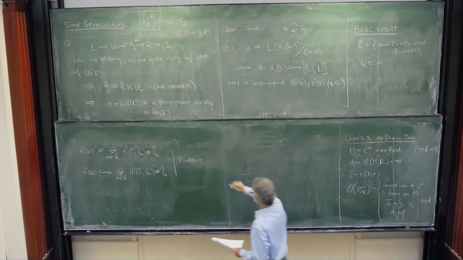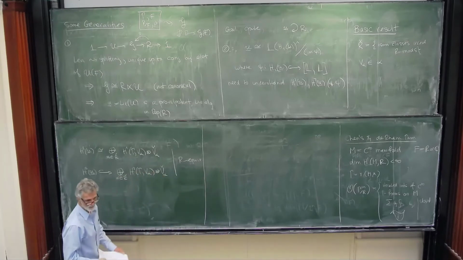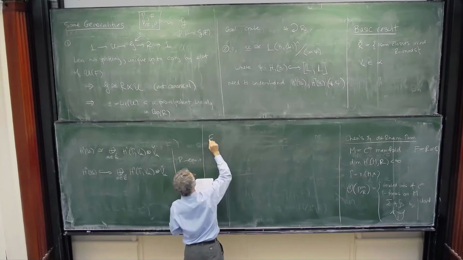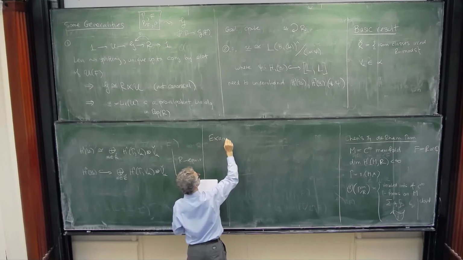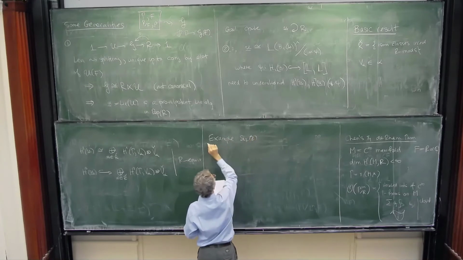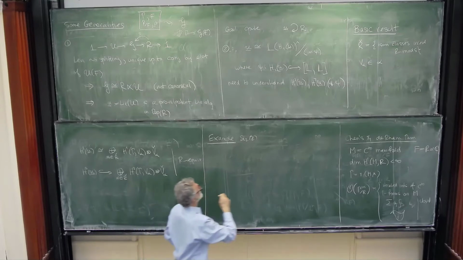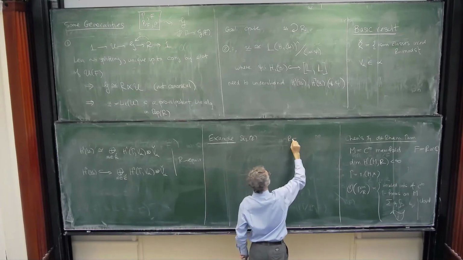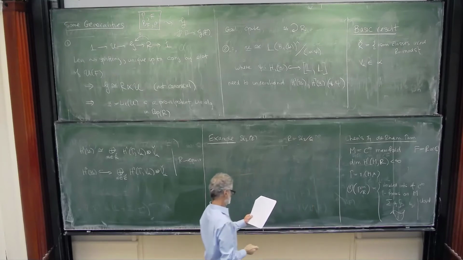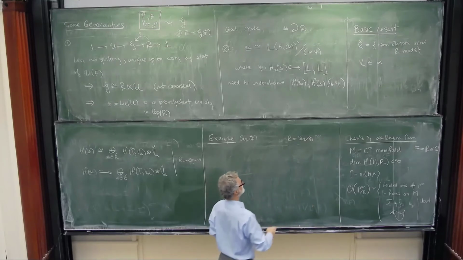So let's look at an example. It's the only example of relative completion I'm going to do, but it's the one I think people here care about: we'll do SL2Z. And so remember here, our R is SL2 over Q, and rho is the inclusion.